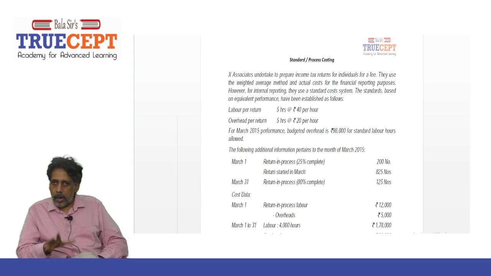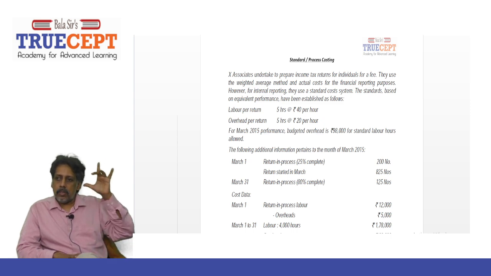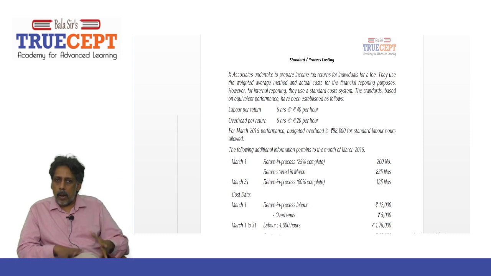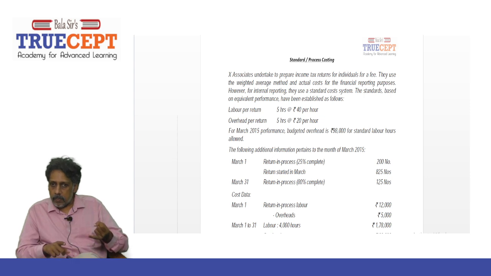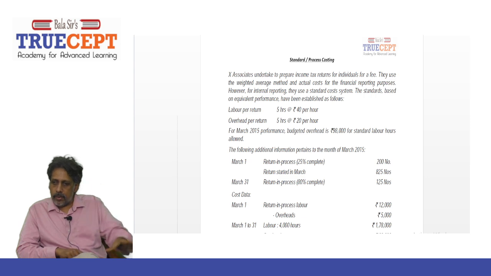If you add both, 1025 returns or 1025 units are processed in the month of March. Of these 1025 returns, how many were completed in March and how many are in process at the end of March?